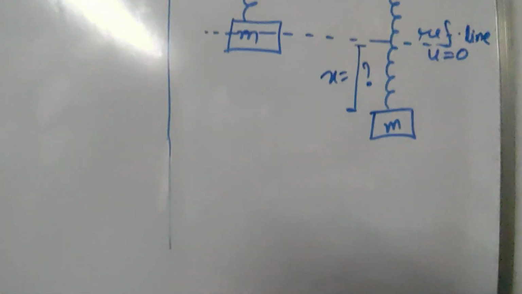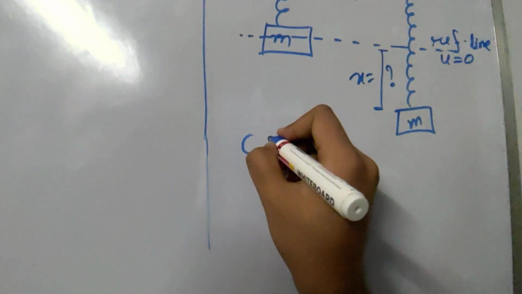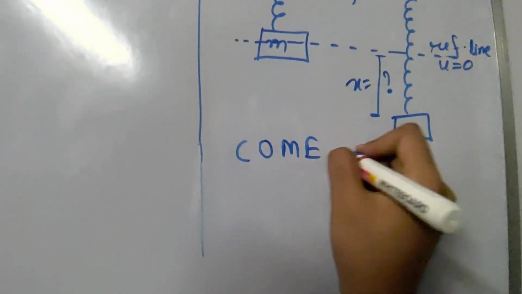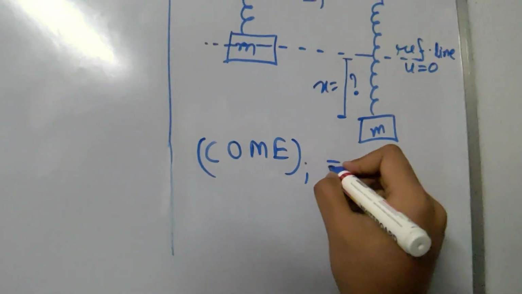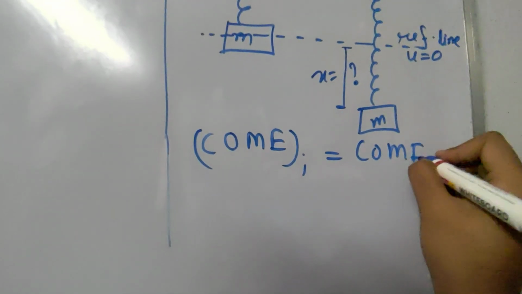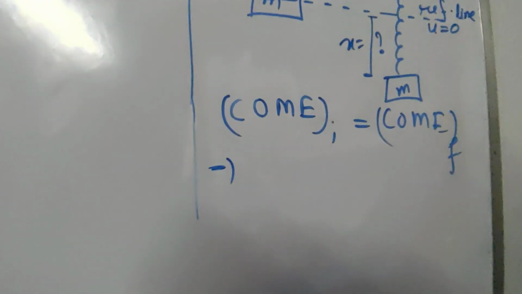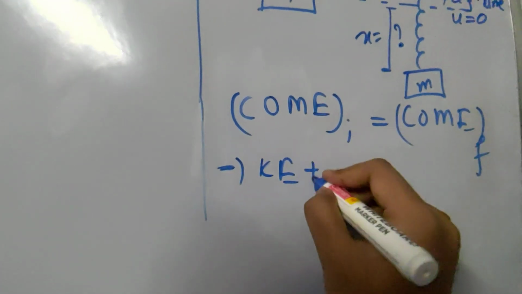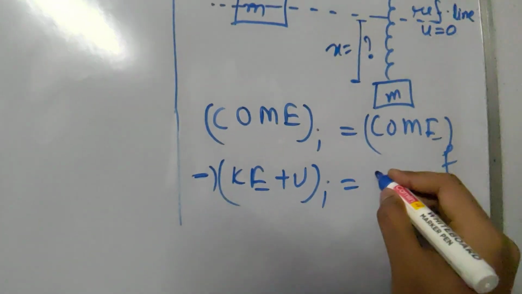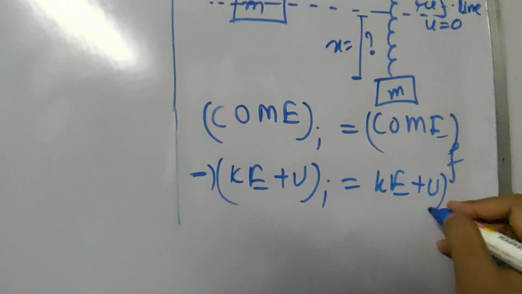What is the formula of COME? COME initial equals COME final. So COME initial is KE plus U initial, equal to KE plus U final.